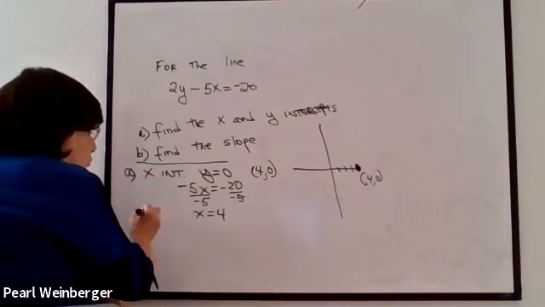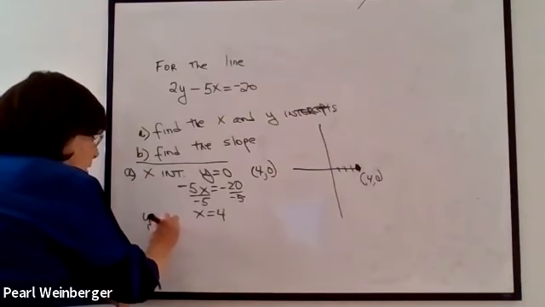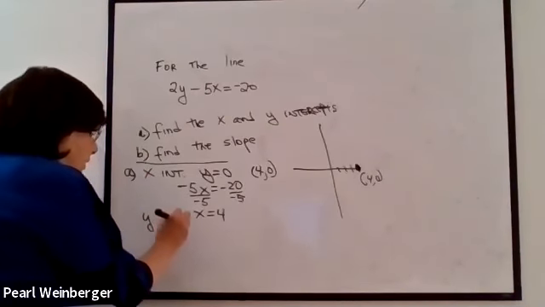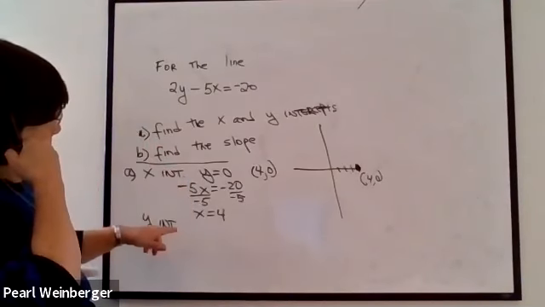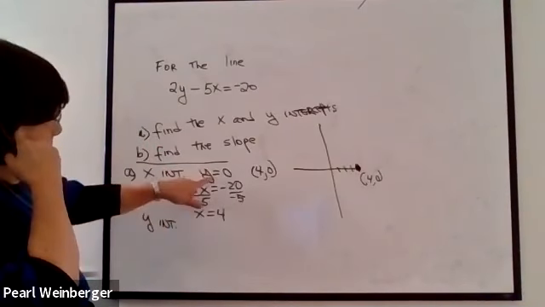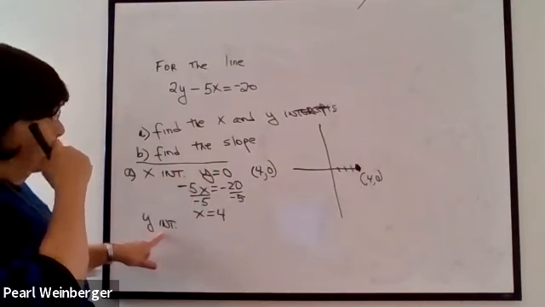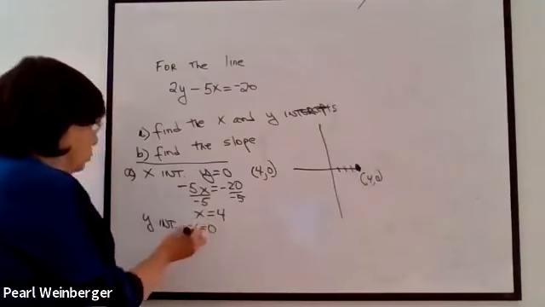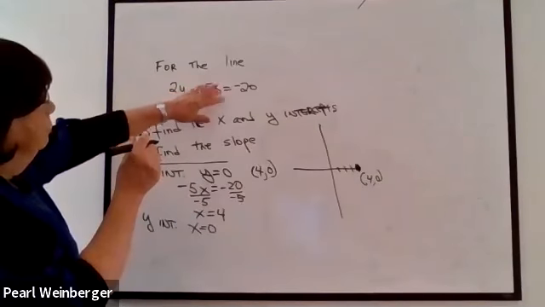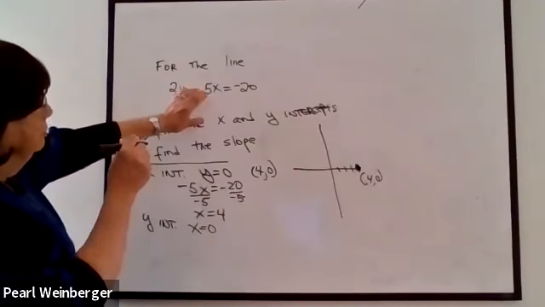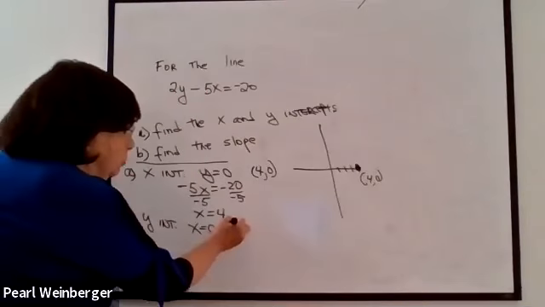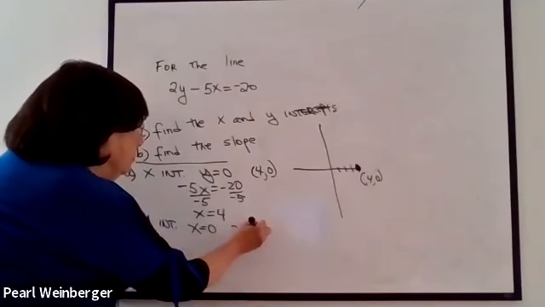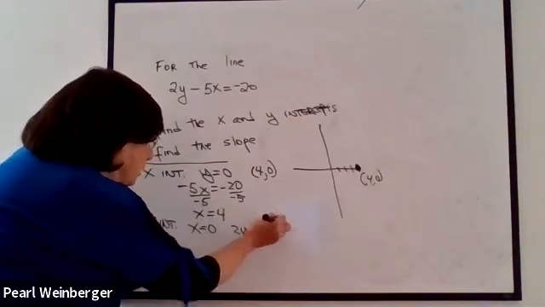To find the y-intercept, you do a similar thing, but instead of putting y equal to 0, you replace x with 0 in your equation. When you do that, any term that has an x in it is going to disappear. So you'll be left with 2y equals negative 20.